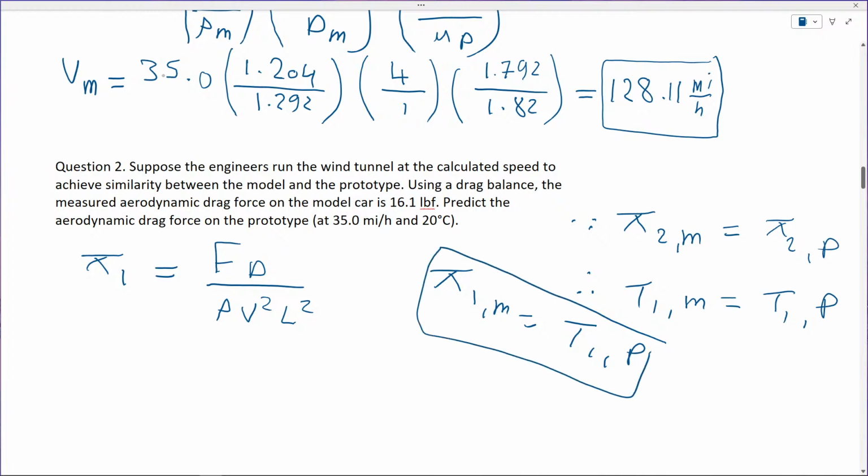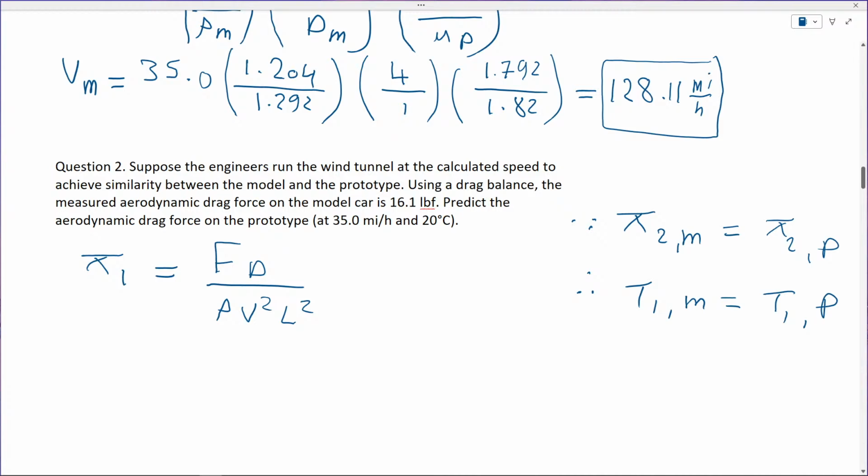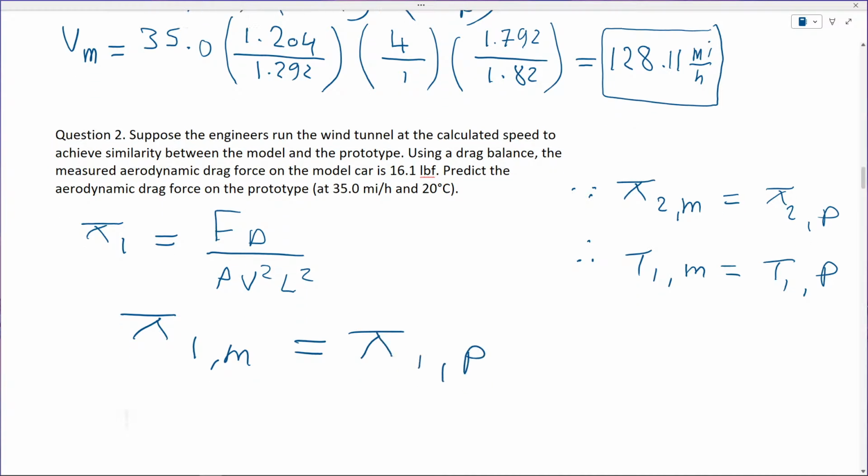Oh, this doesn't look good. Just write it in your line. Pi1 of the model is equal to pi1 of the prototype.